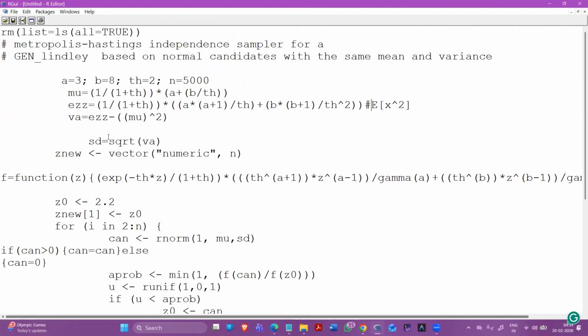After that, I take the square root of the variance, that is my standard deviation, correct? After that, I am introducing a null vector here in terms of numeric. Because it is continuous, I am introducing numeric of size n, that is the 5000 samples that I am generating. So this is the null vector right now.